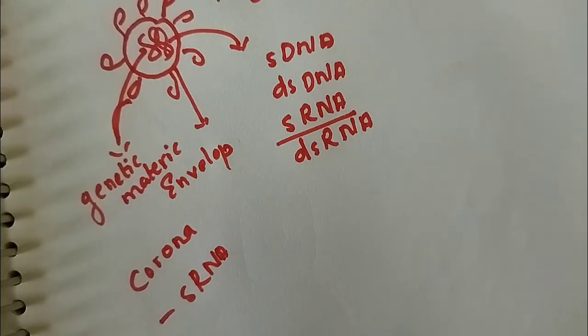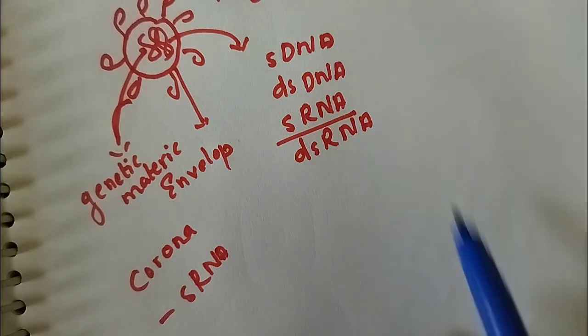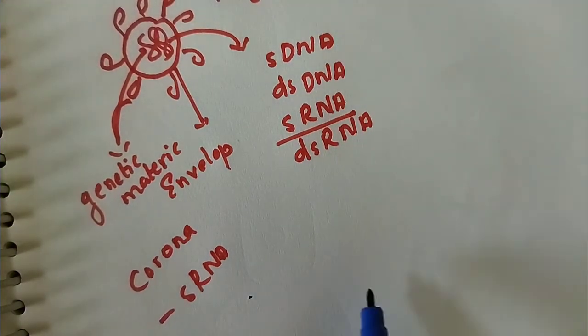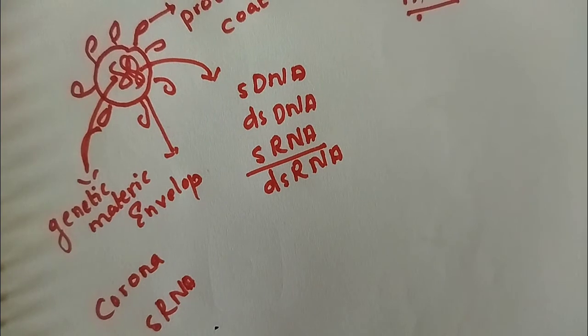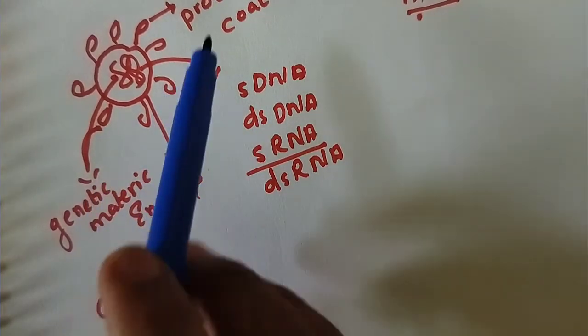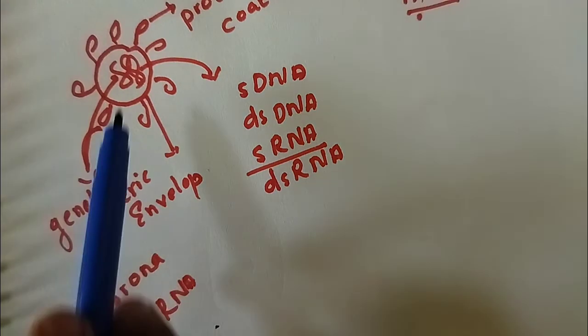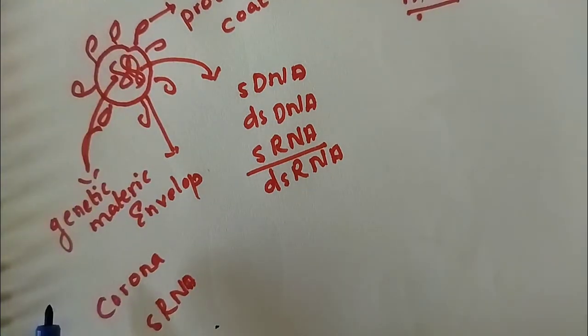So outside our body, the corona will be a non-living thing, but when it enters the host, the living organism, it behaves like a living thing. If you observe here, it has protein coat, genetic material and an envelope which is made up of carbohydrates.